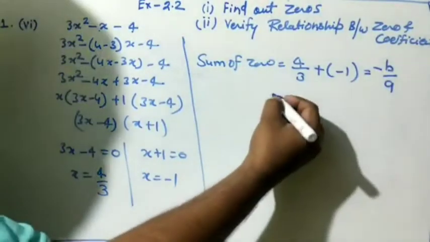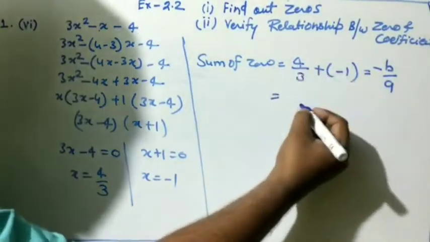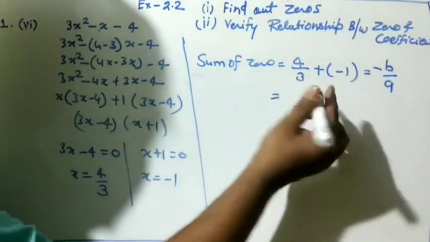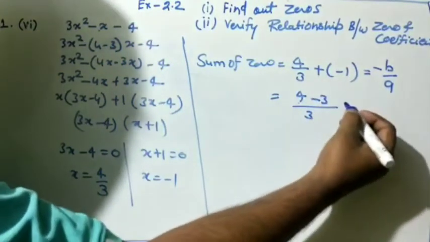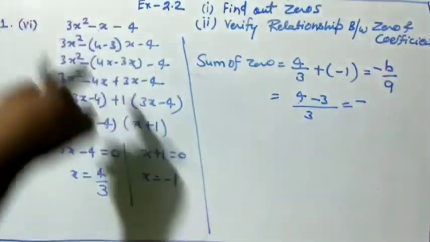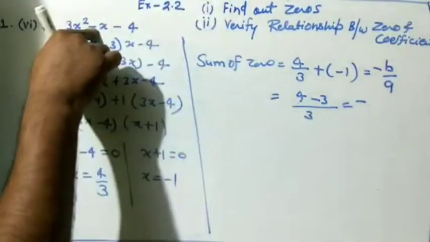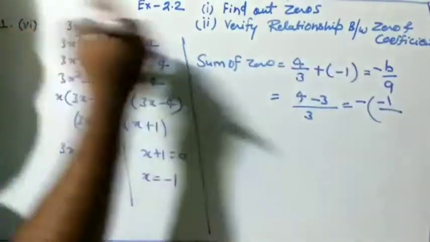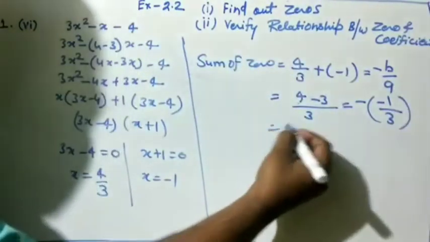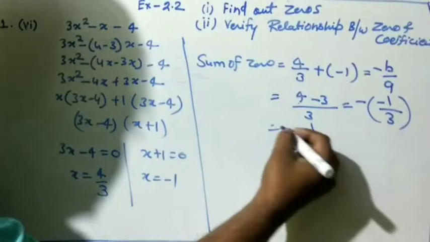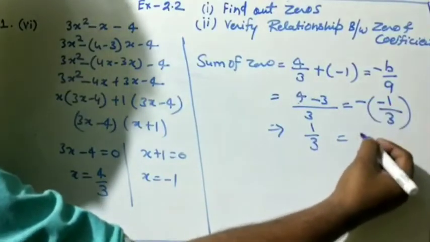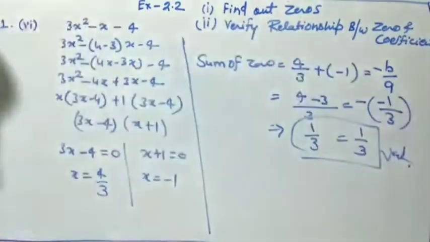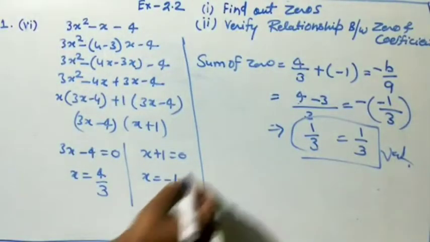Here 4 minus 3 equals 1 upon 3, and b is minus 1 and a is 3, so minus minus plus, 1 upon 3. So it is verified.